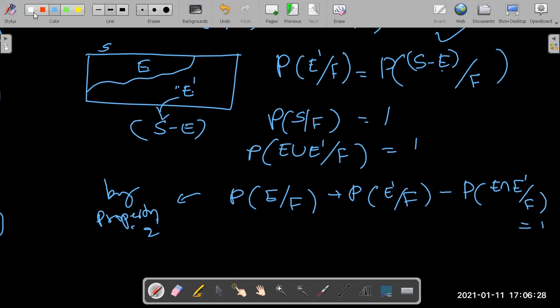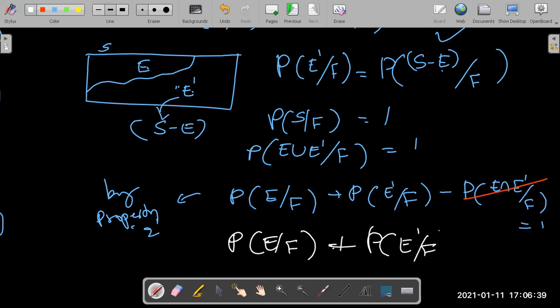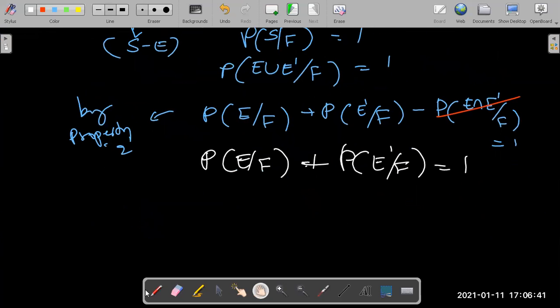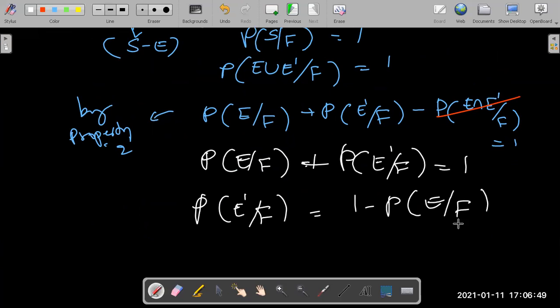This is 0, so this part is gone. You will get the probability of E given F plus the probability of E dash given F equals 1. And therefore, the probability of E dash given F equals 1 minus the probability of E given F.